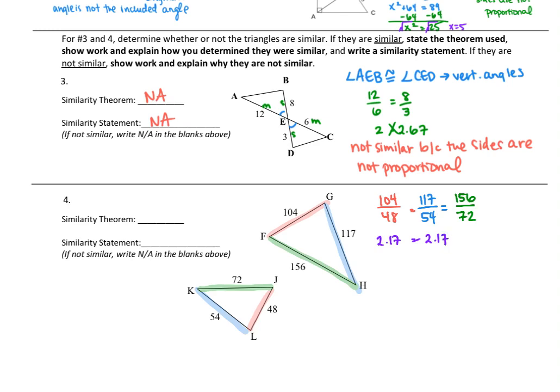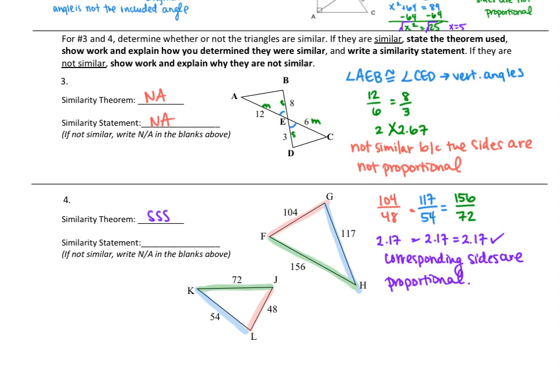And then we have 156 over 72, again, is about 2.17. So this means that the corresponding sides are proportional. So that means they're similar by side, side, side.